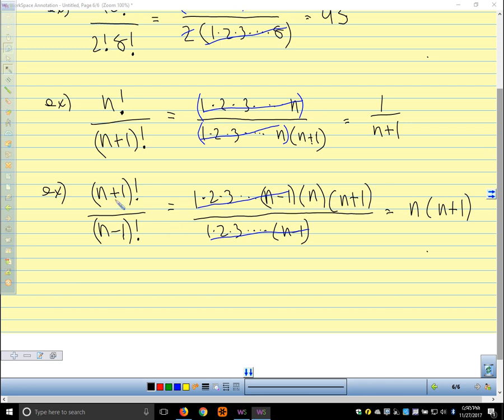The other way that you can think about this is you can think of n plus 1 factorial as n minus 1 factorial times n times n plus 1. So this is 1 times 2 times 3 all the way to n minus 1. And then we multiply by n and n plus 1 to get n plus 1 factorial over n minus 1 factorial.